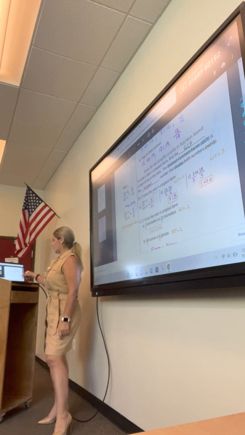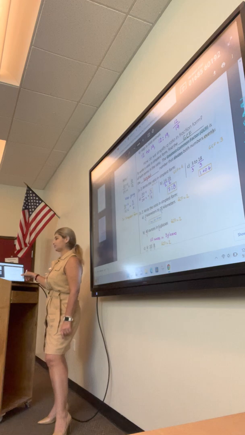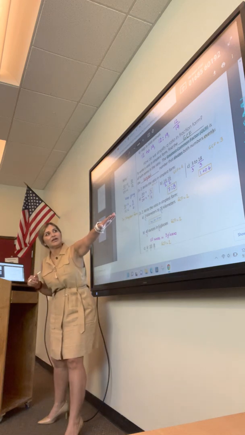Okay, next. How do we simplify a ratio in fraction form? Example, to write a ratio in simplest form, find the GCF. What's the GCF? Can someone tell me what GCF stands for? It's right here. Can someone read it?